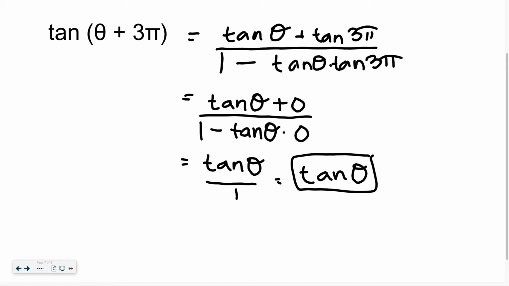I could have made that one a verify, right? If I had said tangent of theta plus 3 pi equals tangent theta, and then you would just plug into the formula on the left, do all the work, and show that it equals tangent theta.